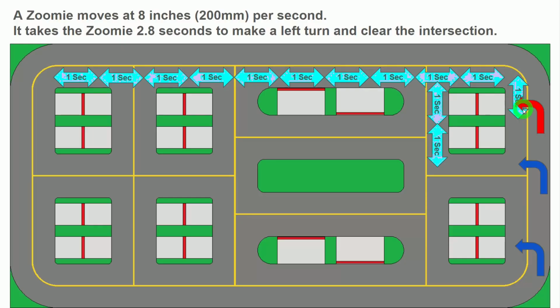So if I go to make the left turn into that driveway, I look ahead, I don't see anything, I start making the turn. Well, in 3 seconds, this zoomie could get to there, to there, to there, and hit the zoomie that's turning left. It starts really complicating things when you take into account that time factor.